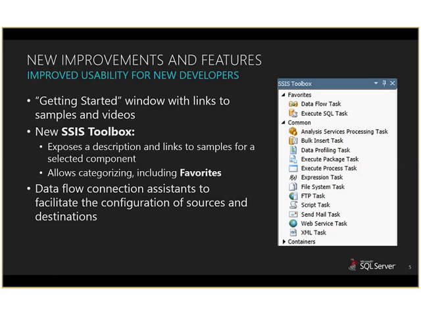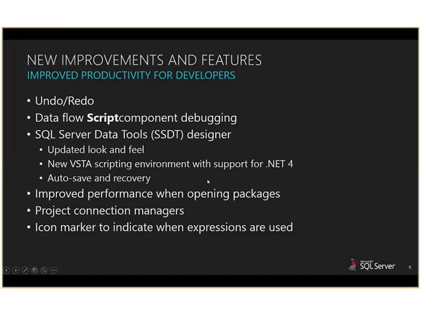All right, so an updated toolbox where users can define their favorites, and there's groupings for common. There's a data flow connection assistant to help build out data sources a little bit easier for new developers. As I said, one of the best new features. Love this feature, the undo redo part for developers.